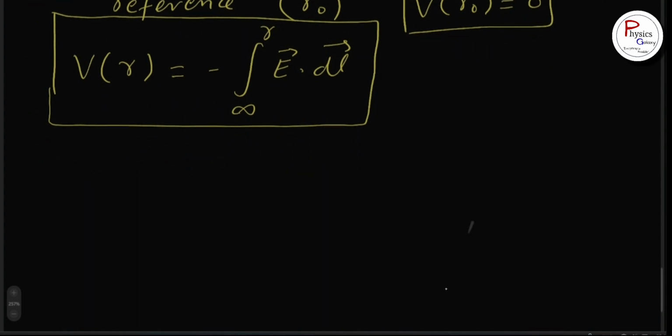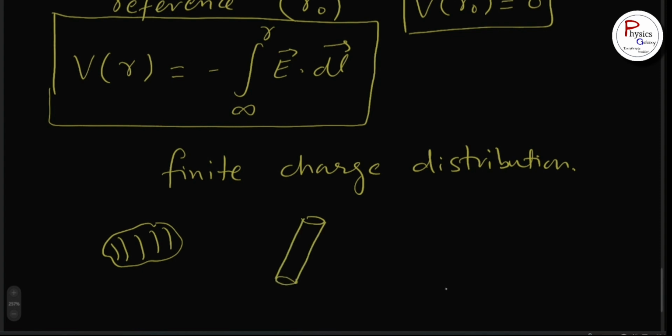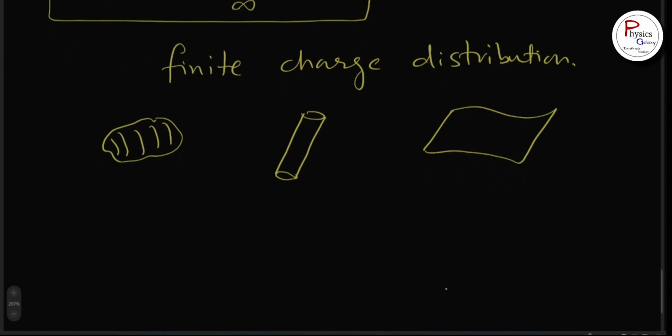Usually, if we have finite charge distributions, that means we can have, suppose, a potato shaped charge distribution, or a little cylindrical charge distribution, or a surface charge distribution. It can be a line charge, volume charge, or surface charge distribution, but it should be finite.